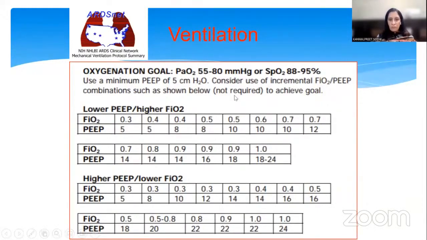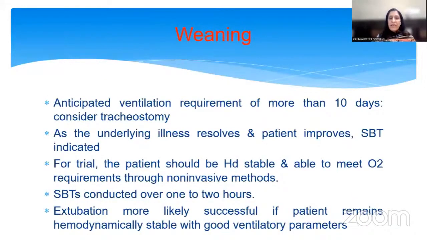We can get the ABG very frequently, initially maybe 2-hourly or 4-hourly, and later on as the patient settles down and the ventilation is more stable, we can space them out. Weaning is another aspect which we always forget, because once we start with ventilation, we have to wean the patient. If the anticipated ventilation requirement is more than 10 days, consider tracheostomy.